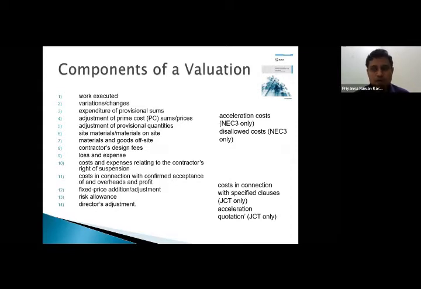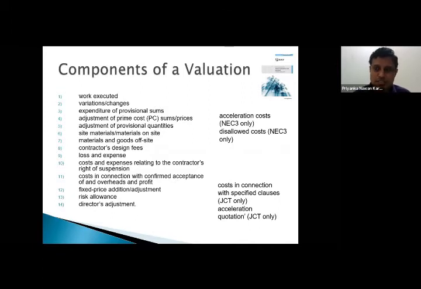But we are going to talk about it because it is useful for all of us to understand the scenario, the mechanism behind paying for materials off-site, and when the employer feels that you are going to acquire that particular material, what assurance he needs to get from the contractor.